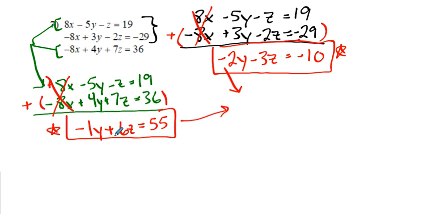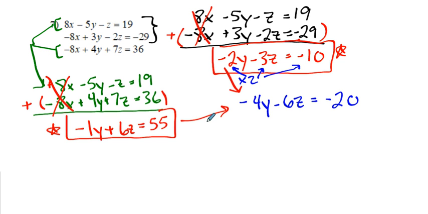Okay, 6z here and 3z here. They're not the same number, so I'm going to have to multiply. And I'm going to multiply this equation right here by 2. When I do that, I get negative 4y, multiplying that by 2, and that by 2. Minus 6z equals negative 20.